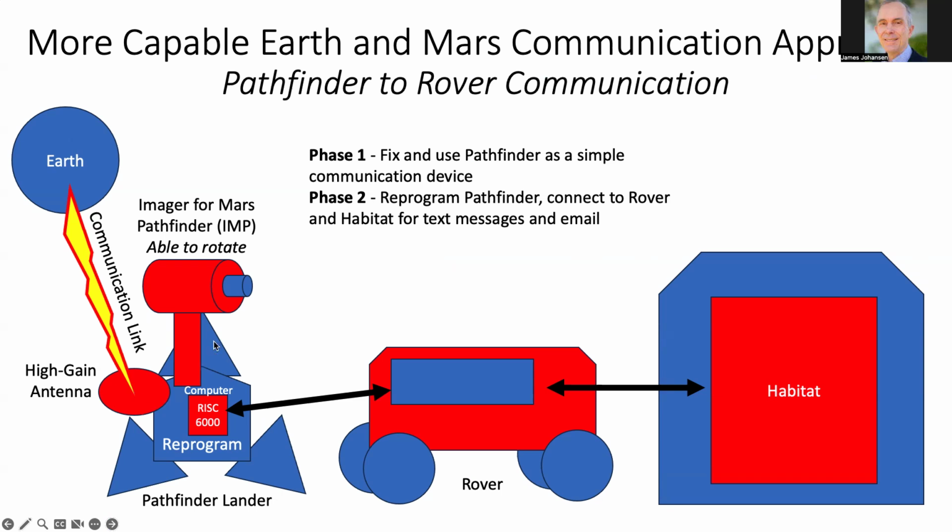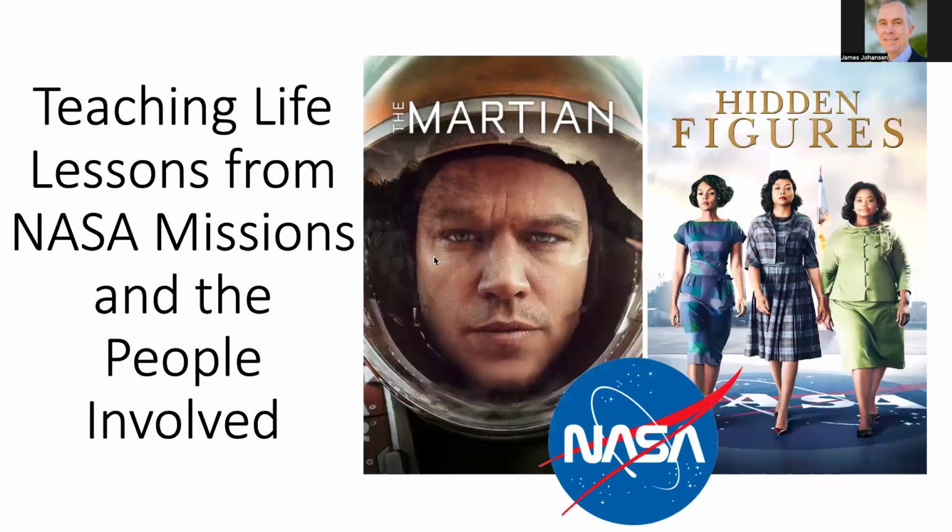And then from there, with this reprogramming of the CPU and the Pathfinder, using some other resources that would be in the rover and the habitat, working collaboratively with NASA back on Earth, he was able to come up with an elegant way of getting a text way of communicating back and forth, and so was able to have regular communication. Okay, so that's the first section.